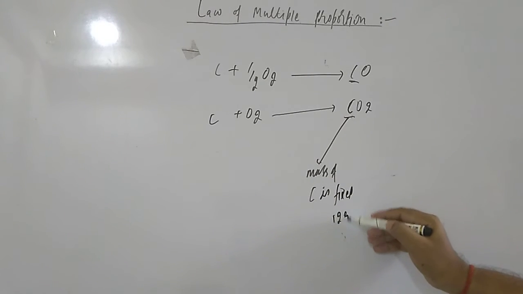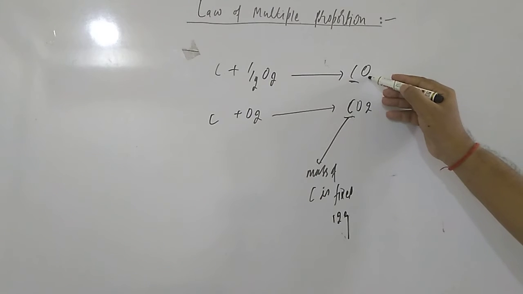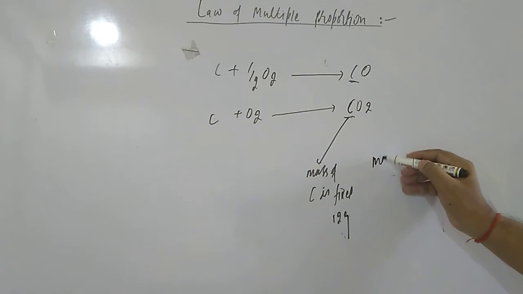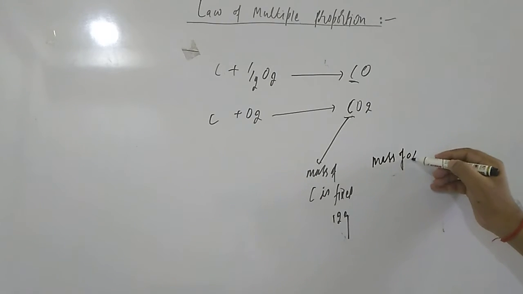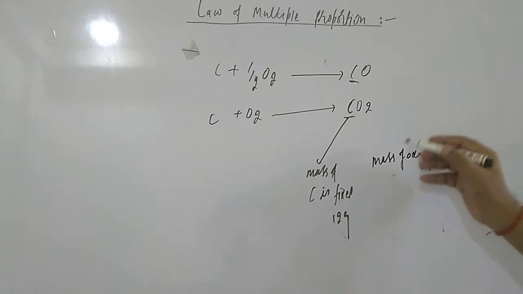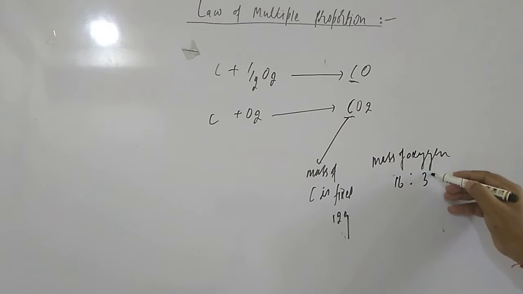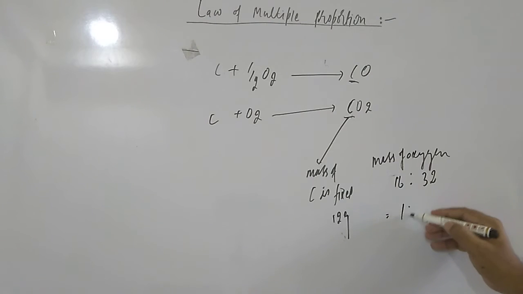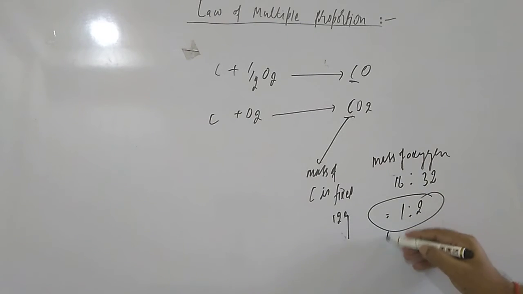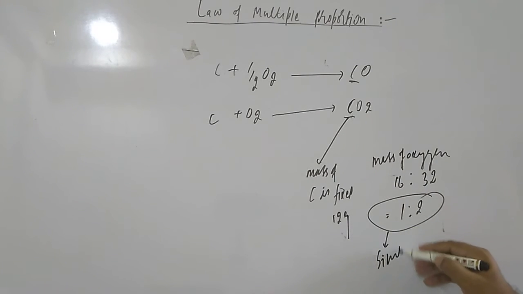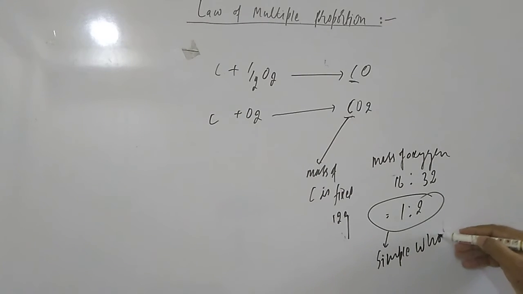That is 12 gram. The mass of oxygen, how are they bearing a simple ratio? 16 ratio 32. So it is coming 1 ratio 2, and what is 1 ratio 2, student? This is the simple whole number ratio.